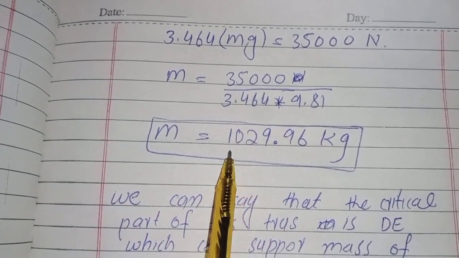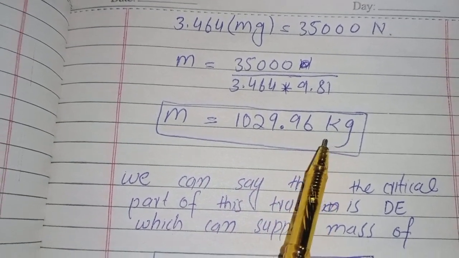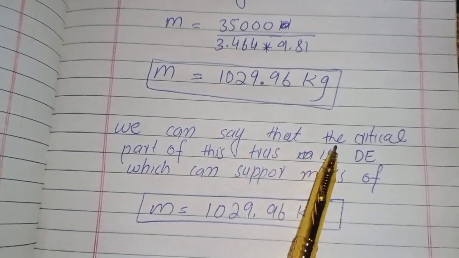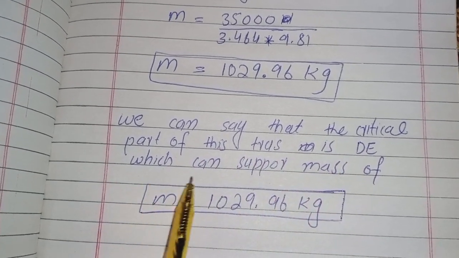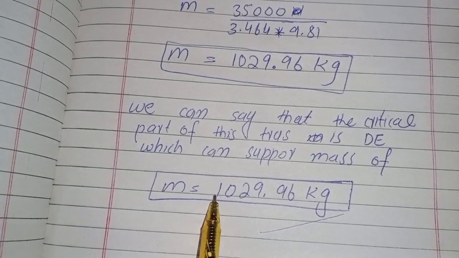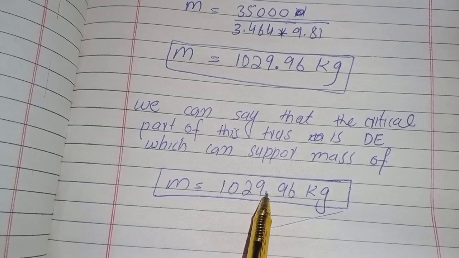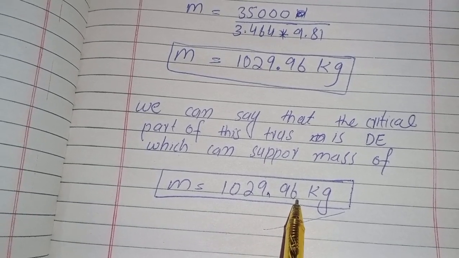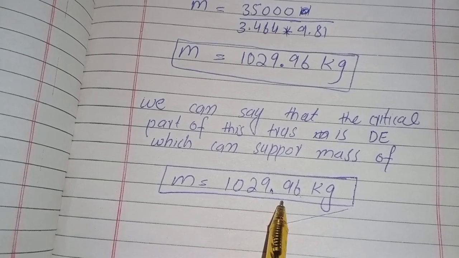So mass will equal 1029.96 kg. So we can say that the critical part of this truss is DE, which can support a mass of 1029.96 kgs. You can also say 1030 kgs.